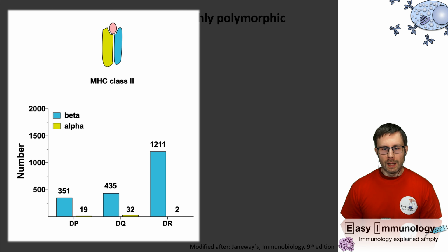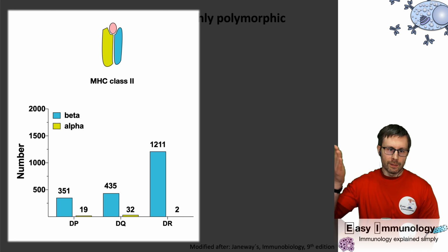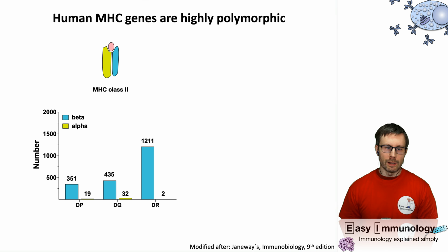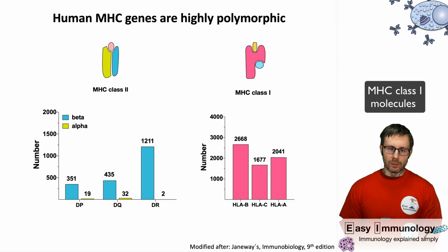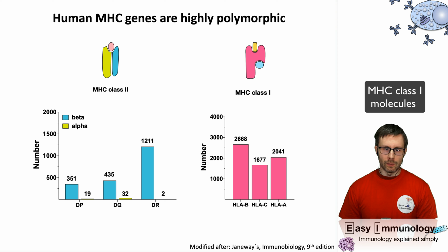And you can see here that for the MHC class 2 molecules, there are, as I said, 3 different variants, DP, DQ, and DR. And among these variants, there are at least 350 to 1,200 different variants of the beta chain, and a lot less variability exists for the alpha chain. So these are just different variants in the human population that are able to bind different peptides. And it's even more pronounced for the MHC class 1 molecules. So in total, there are more than 6,000 different MHC class 1 molecules.